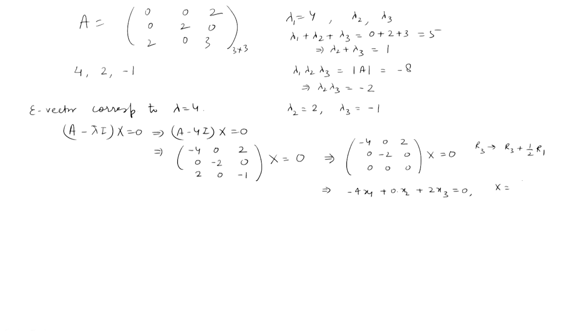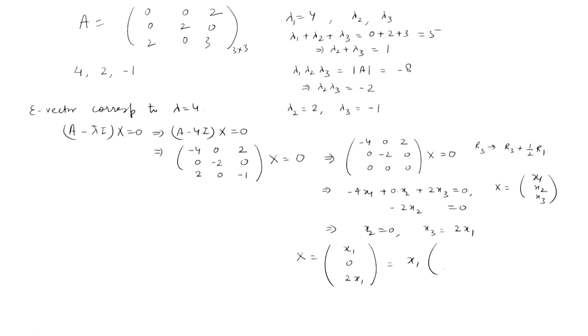If you take x as x1, x2, x3, substitute it here and multiply these matrices, we simply get these equations, and minus 2 x2 equal to 0. So, this implies x2 equal to 0 and x3 equals 2x1. So, what is the corresponding eigenvector? The corresponding eigenvector will be, as you can see, x1, 0 and 2x1.